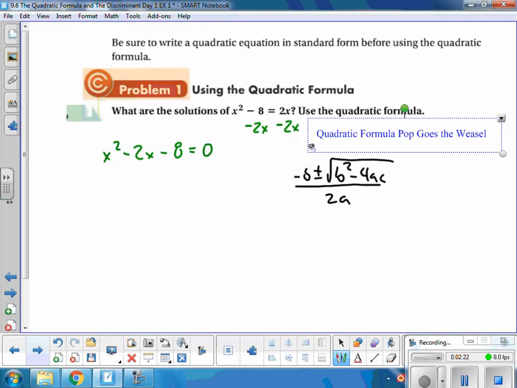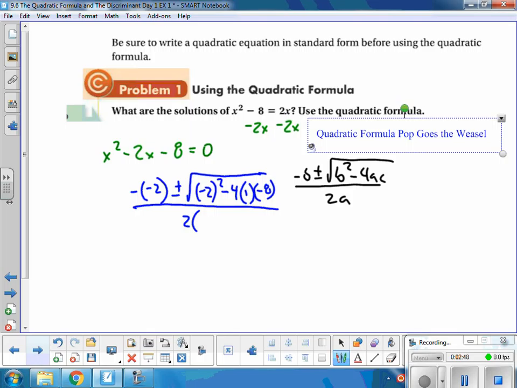All right, so now I'm going to plug it in. I've got negative negative 2, which is 2, plus or minus the square root of negative 2 squared minus 4 times my a term, which is 1, times my c term, which is negative 8, all over 2 times my a term.